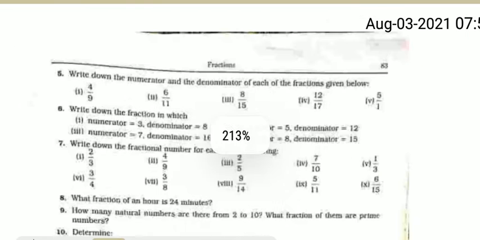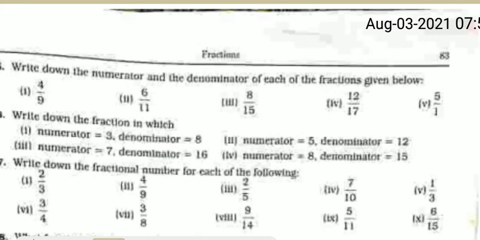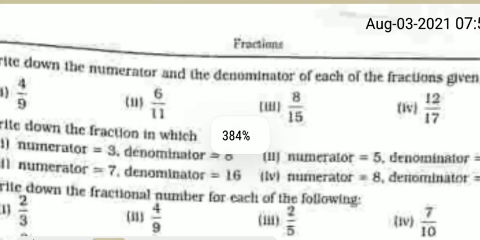Next one, the next page, page number 83, question number 5. Here question number 5 tells that write down the numerator and the denominator of each of the fractions given below. So first fraction is 4 by 9. Students, the upper side, here upper side is 4.